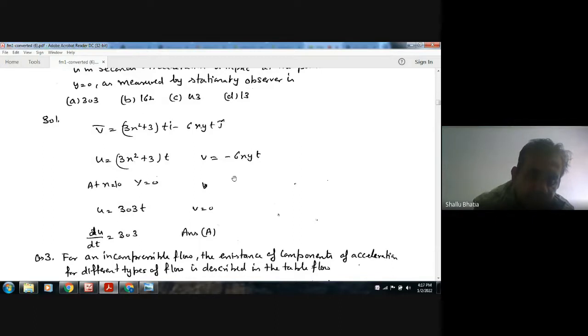So you have the velocity component only u component of velocity, and dv by dt is equal to 0, because here y is 0, so v will be 0.